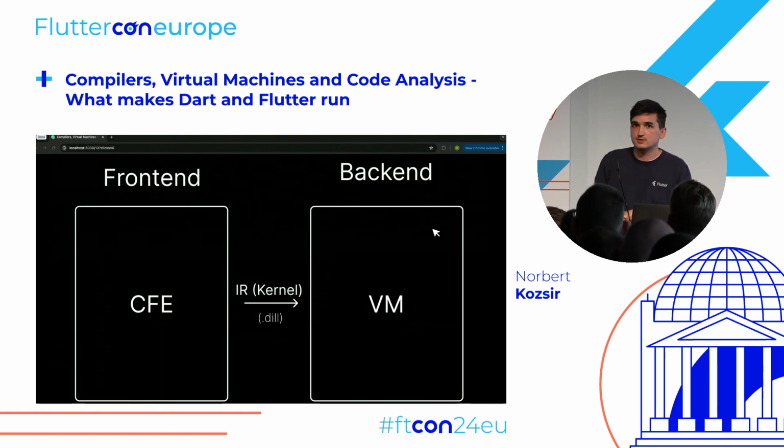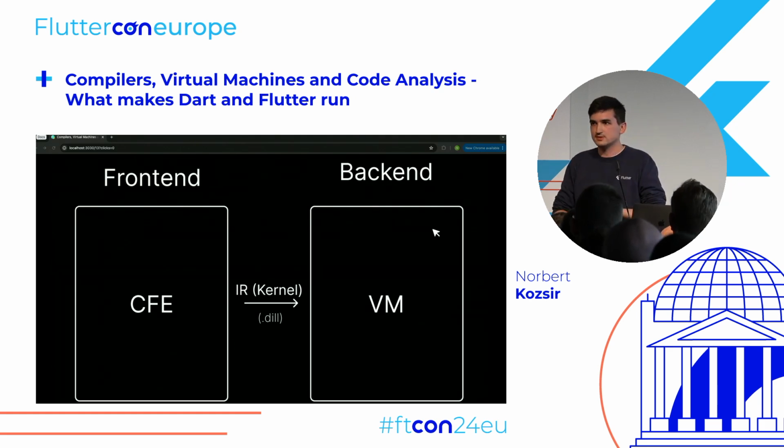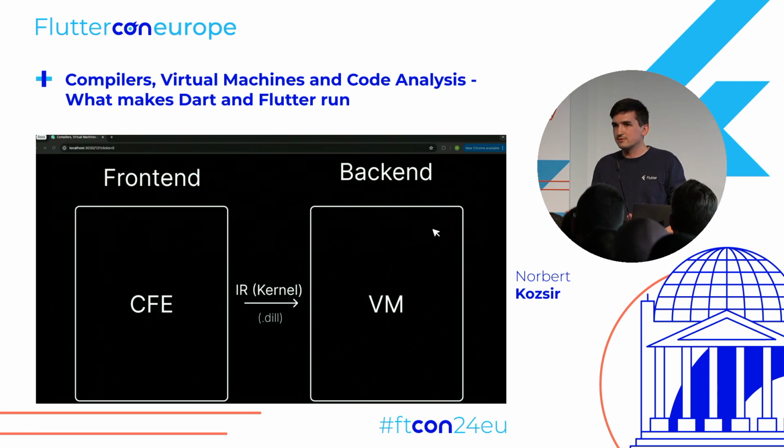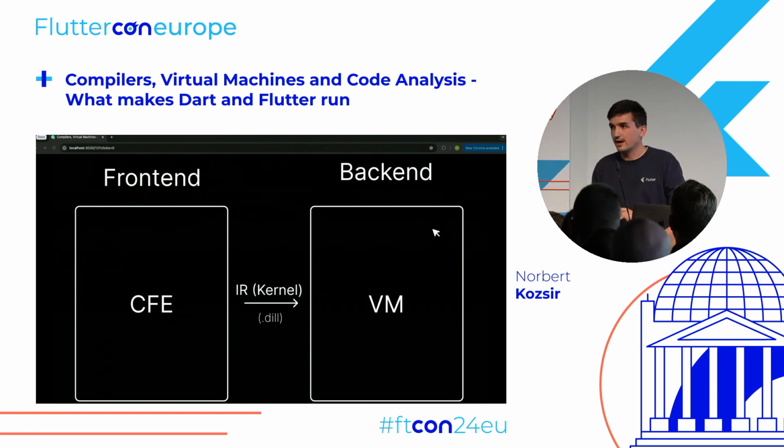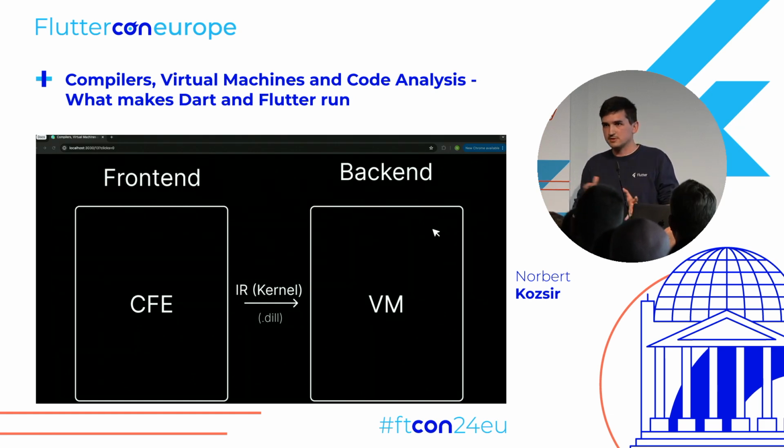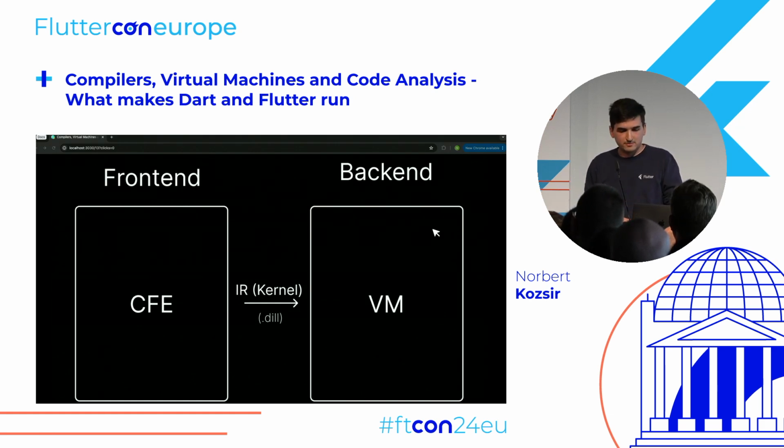We talked a bunch about what the concepts are, but how does this really look in Dart? You may have heard the terms frontend and backend before. If you're building apps, you usually call the app itself the frontend, and the backend is usually some server. When building compilers, these names are used differently, which might be a bit confusing.